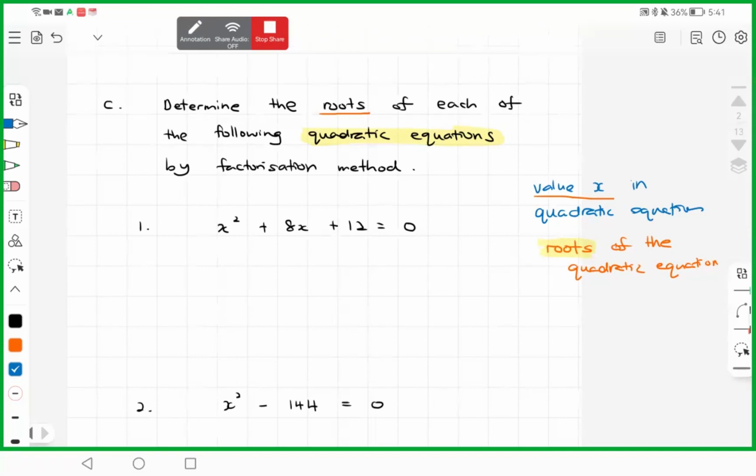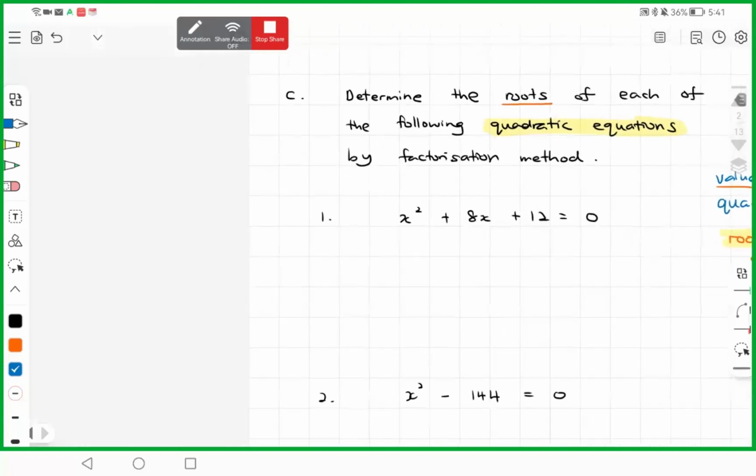ES, okay. So with ES you have the EQN mode, right? You press mode, then you see number 5 is EQN.